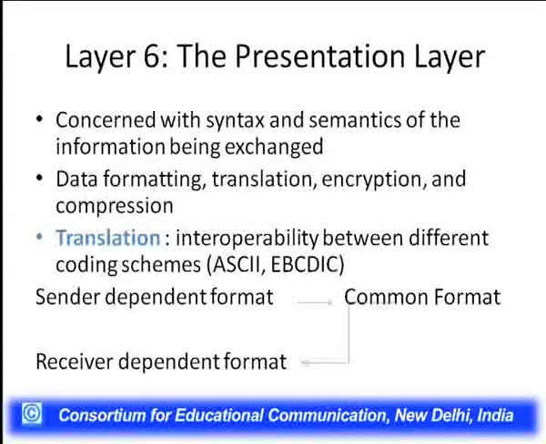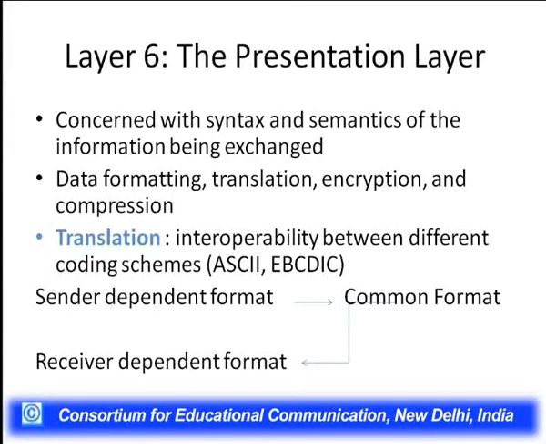So, basically the presentation layer performs three important functions. One is data translation, second is data compression, and the third is data encryption. It is basically concerned with the syntax and the semantics of the information being exchanged. So, it looks at data formatting, translation, encryption and compression.